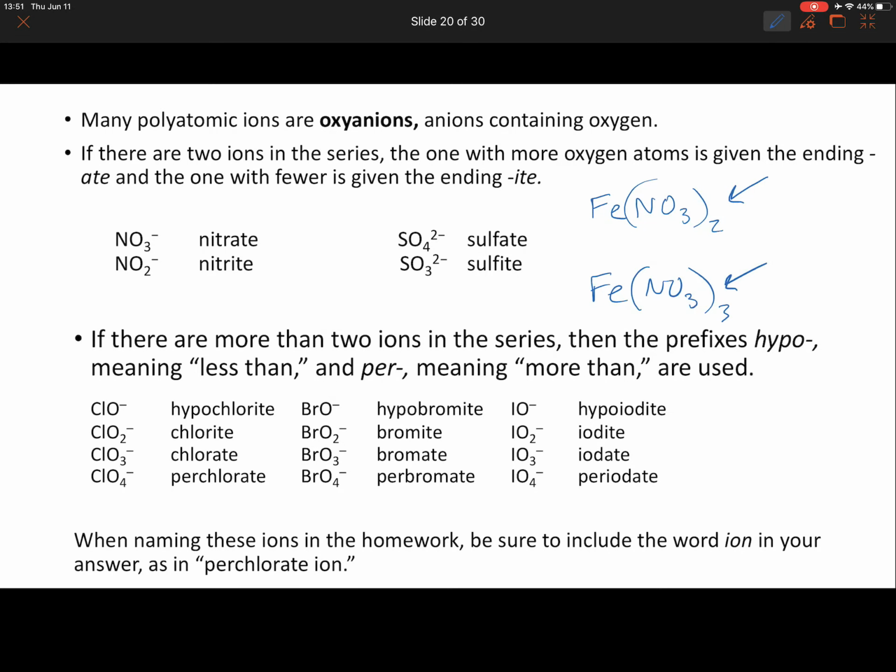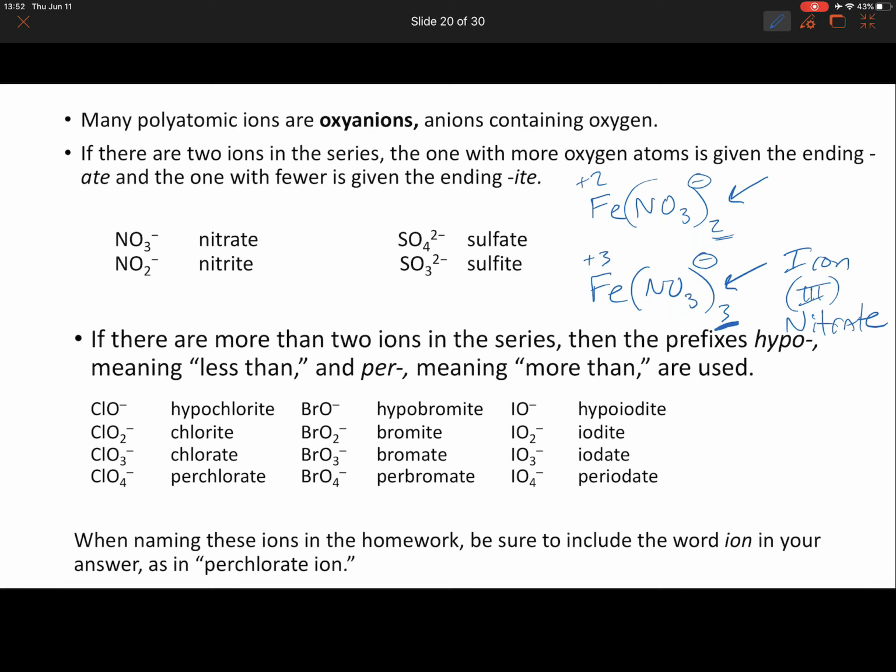This would be iron 3 nitrate. And I would know that because 3 of the minus charges have to balance off 3 positives. 2 of the minus charges, a 2 positive.